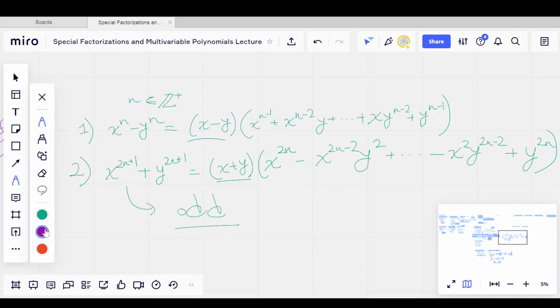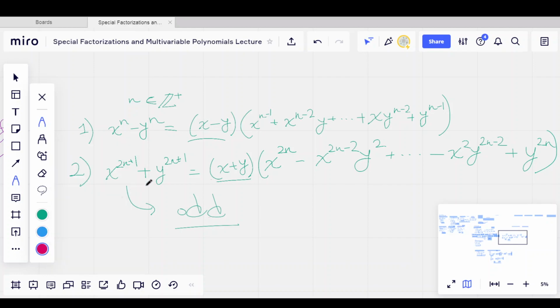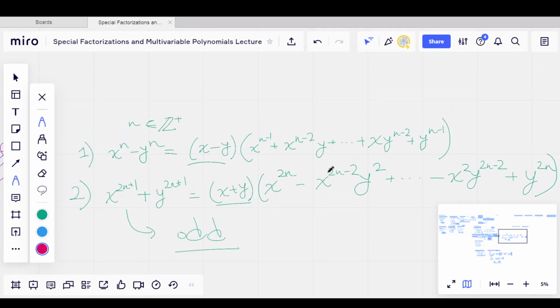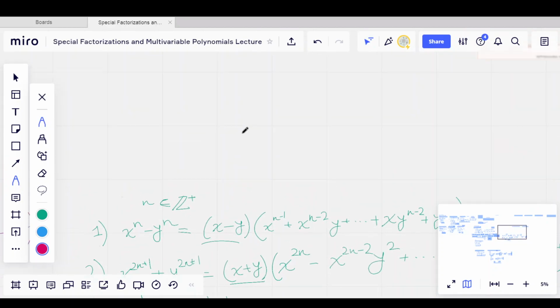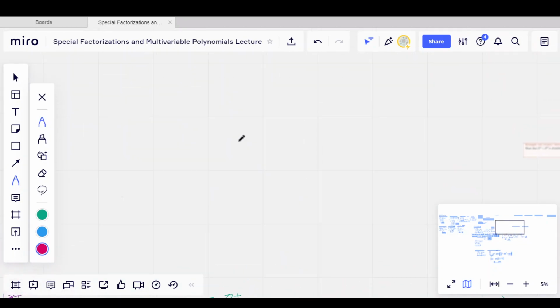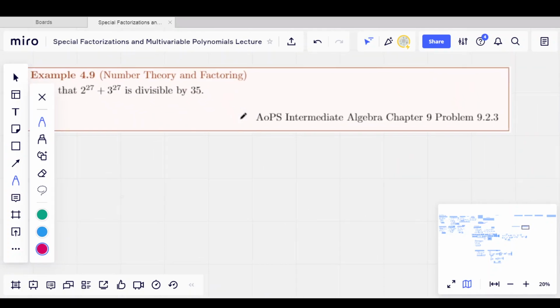Okay, so let's switch colors. Okay. So let's move on. We'll use these two identities to tackle a couple more problems. So example 4.9.